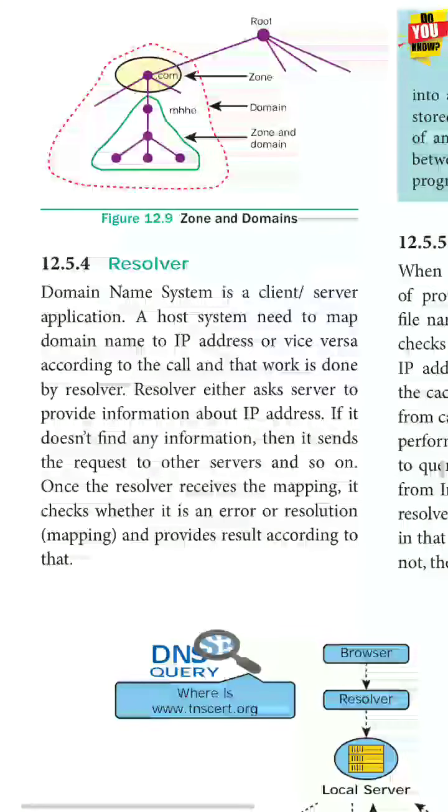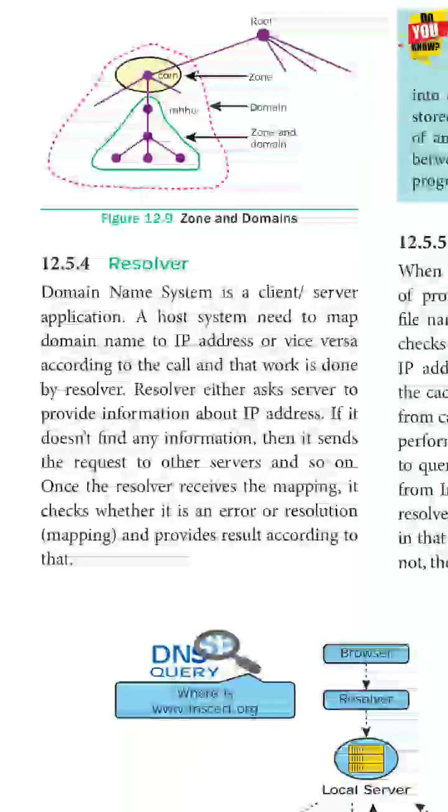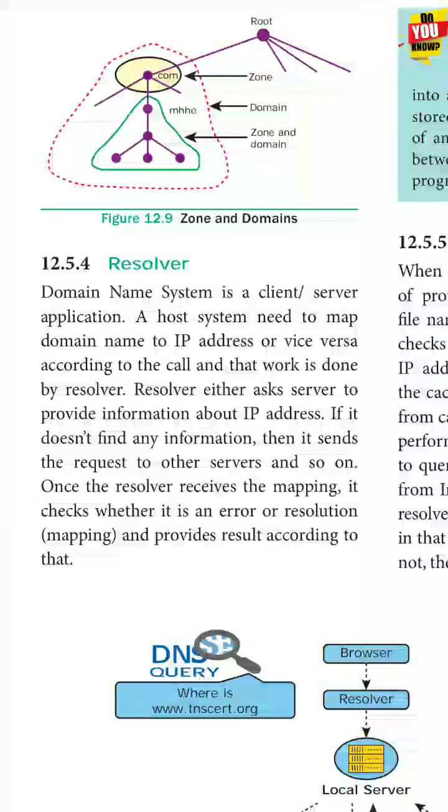Next is the resolver. This is a small software that is installed in your computer whenever your browser or operating system is installed. This resolver will give you the recently updated domain name system entries. Say, for example, google.com is often connected with the web browser.